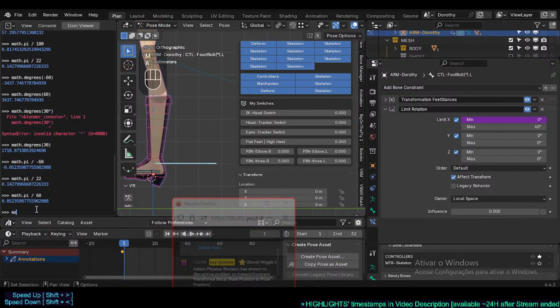Let's do the inverse. Yeah, this I know is this, right?